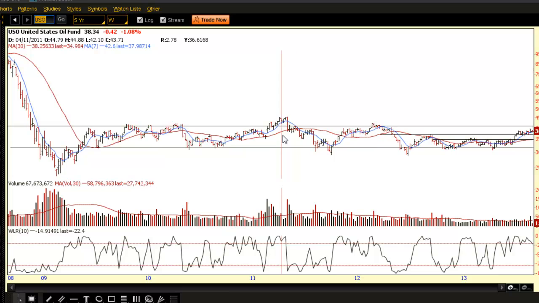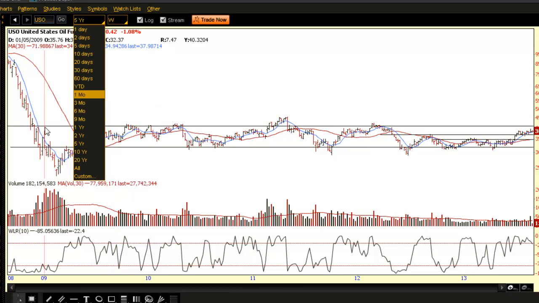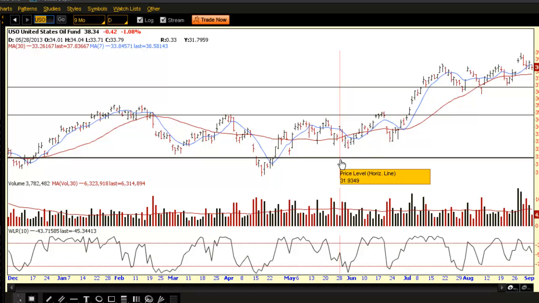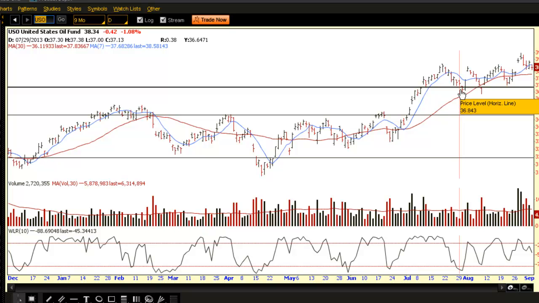So it's still within this channel, and I'm fairly comfortable with it. If something happens, I get assigned, because it's behaved rather predictably the last 5 years. But what I'm trying to do is now drill down to a shorter time frame to see how it's acting present day. And present day, it's formed this level of support around $36.